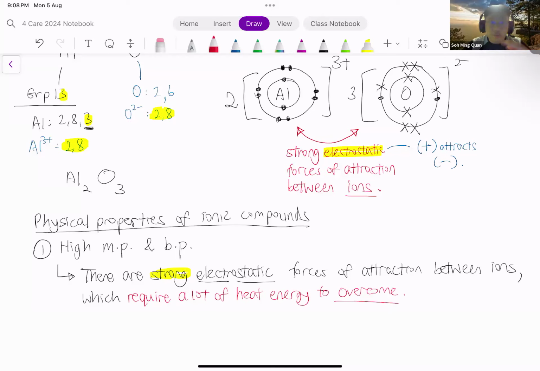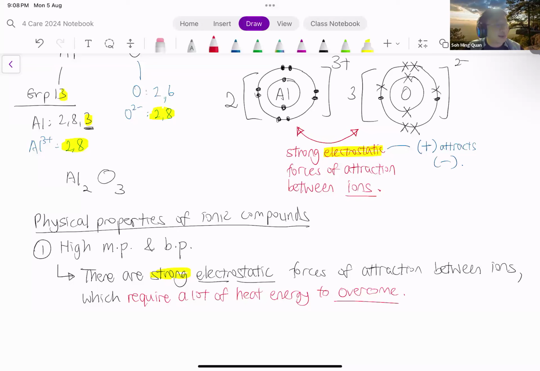I need to overcome these forces of attraction before the particles can move further away from each other. And they are strong, so it requires a lot of energy to be supplied. And therefore, the melting point must be very high. So all the ionic compounds that you have learned, those compounds that have a metal and non-metal are ionic. Ionic compounds always have a high melting point.